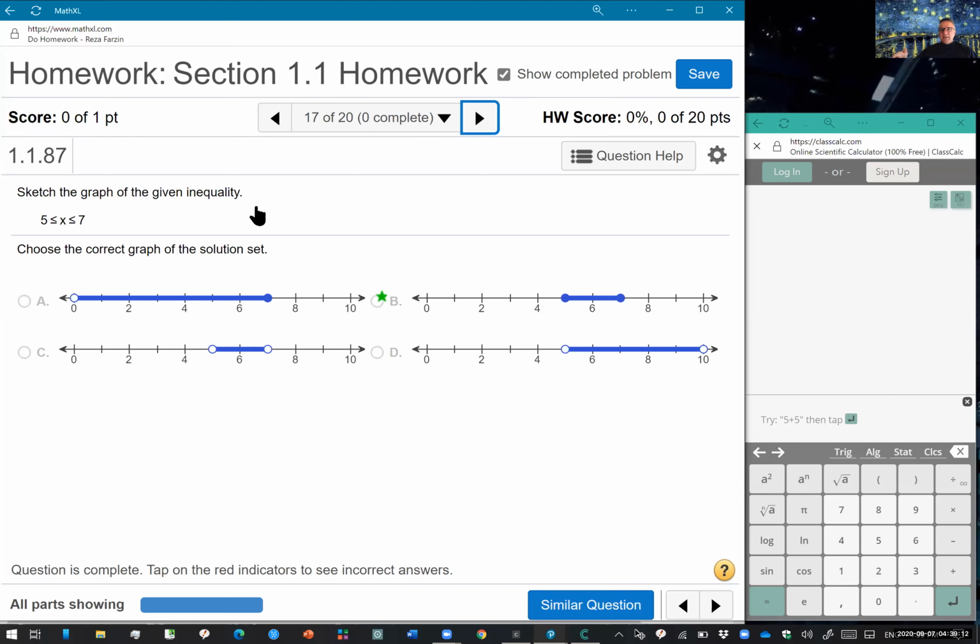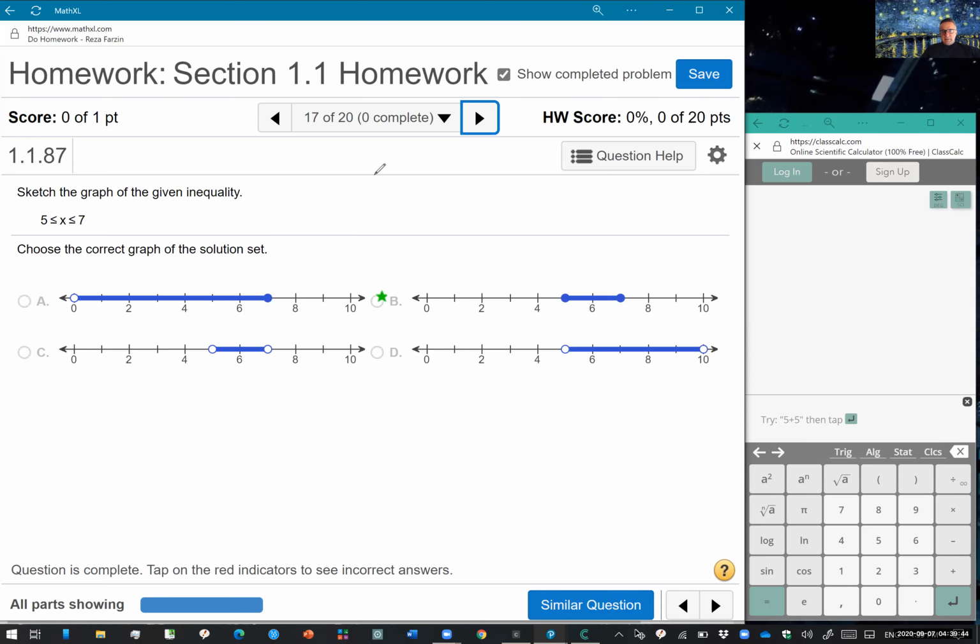When they're both included, you just say inclusive. You see what I mean? You don't need to say right and left inclusive. You just say inclusive. That means both endpoints are included. So if you were to write this as an interval, what would it look like? Parentheses or bracket? Parentheses.